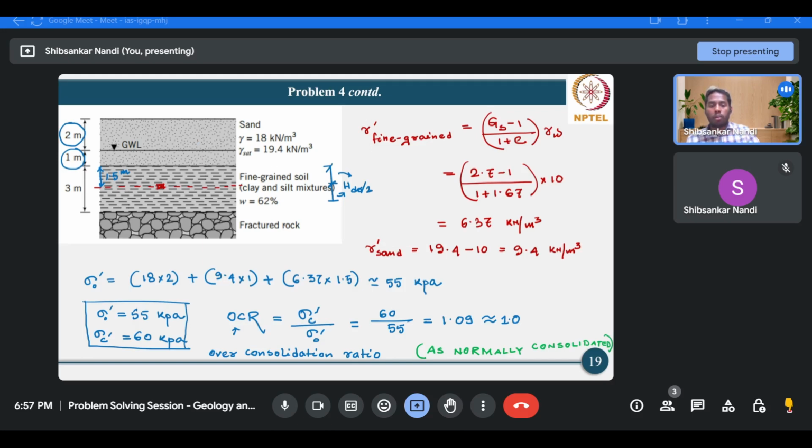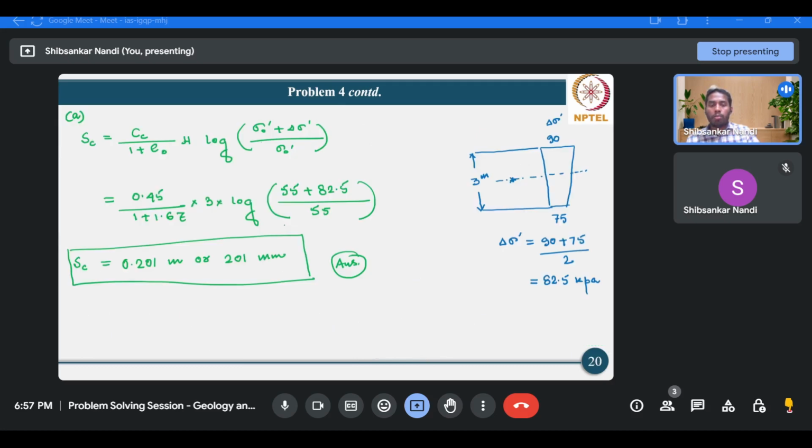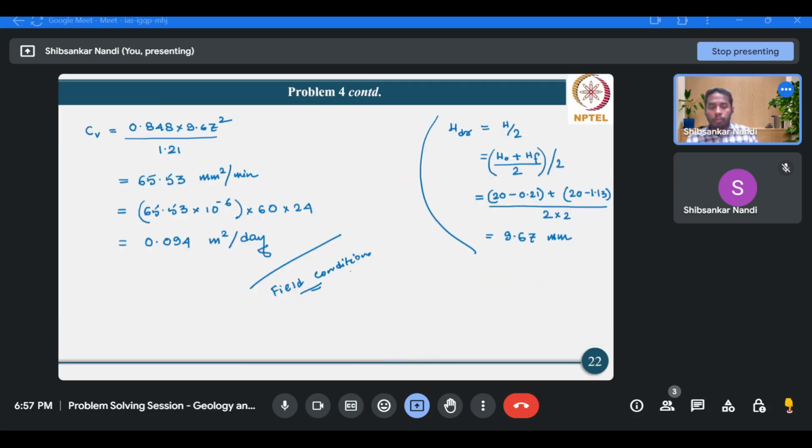It's a fractured rock, not an impervious rock. Therefore, your Hdr is 3 by 2, that is 1.5 meter, and Cv will not change. So it's 0.094 meter square per day.